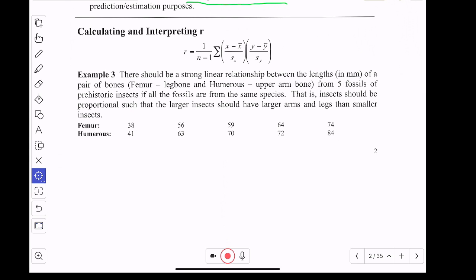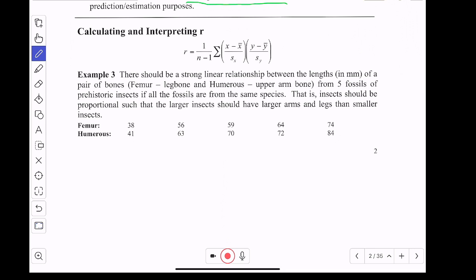So in that case, the leg bone, this is a good example because it doesn't really matter which one is X and which one is Y, right? We're not saying that the leg bone is causing the arm bone to be a certain length. So the use of the terminology independent and dependent is just to make our drawing, but we're not implying that one causes the other.